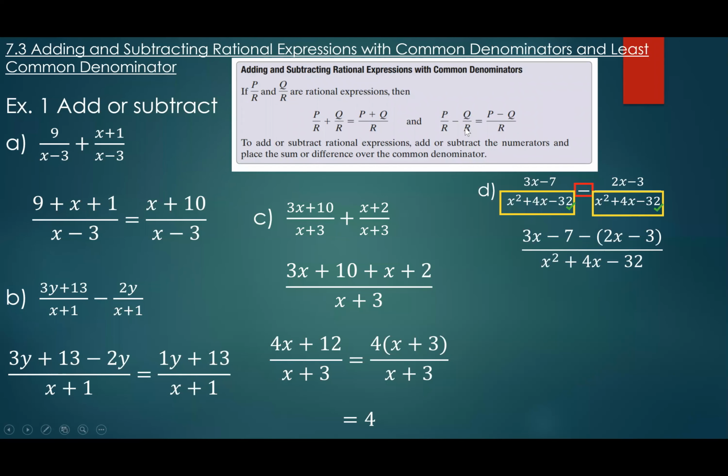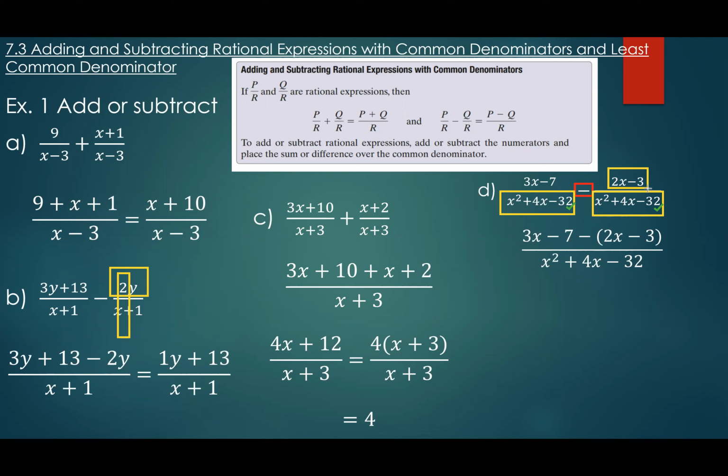So if you look at this here, the reason why I put the parentheses here is because I have two terms. You say, why didn't I put the parentheses here? Because it's only 2y. There's no other term. I don't really need a parenthesis. The reason I have two terms here, I need to put the parentheses because I have to distribute the negative in.